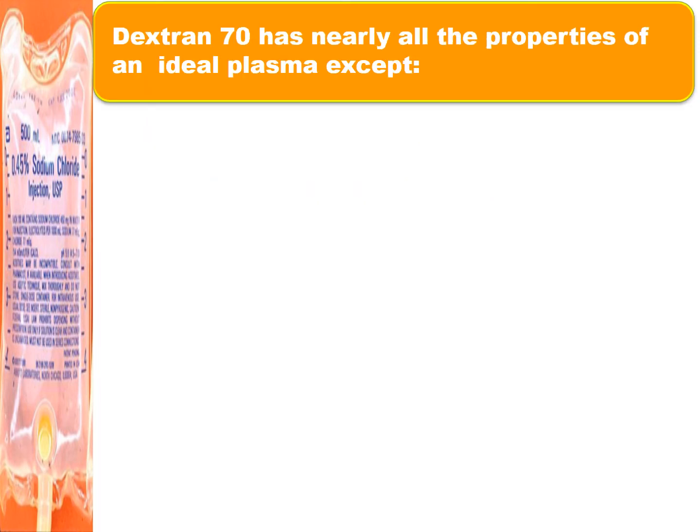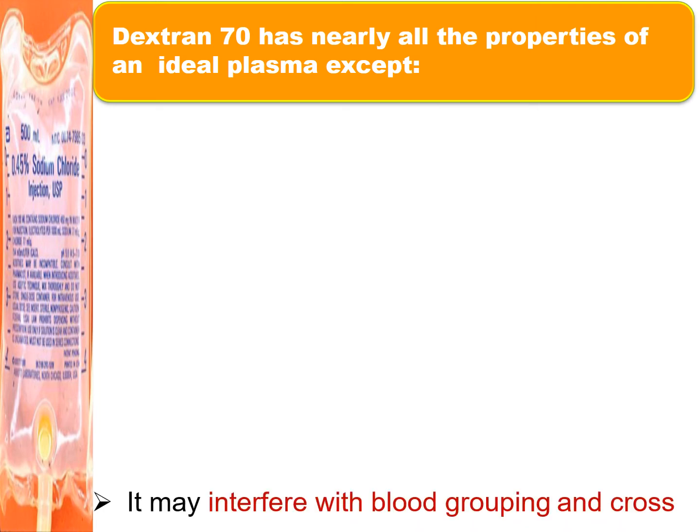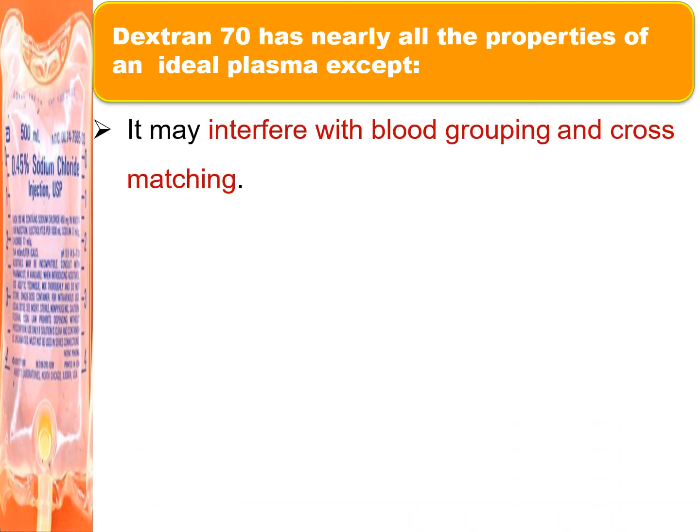This commonly used preparation, dextran 70, as a plasma volume expander, has nearly all properties of an ideal plasma volume expander, except that dextran 70 may interfere with blood grouping and cross match, which is the biggest disadvantage.